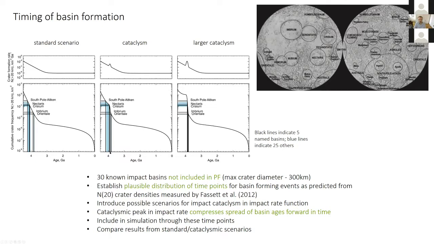So now they look more like they're around 3.9 billion years rather than being back at 4.1 or something like that. If you have an even larger cataclysm, then that brings everything forward. So with a cataclysm peak like that, you would expect that all of the basins formed within this very short period between 3.8 and 3.9.